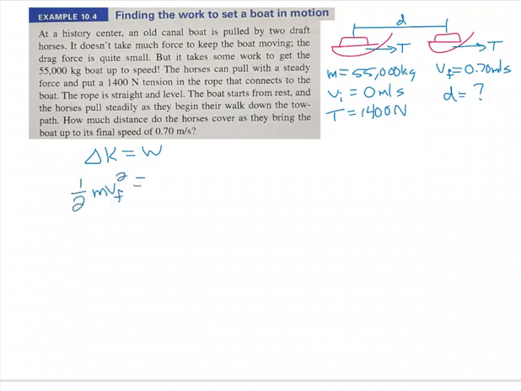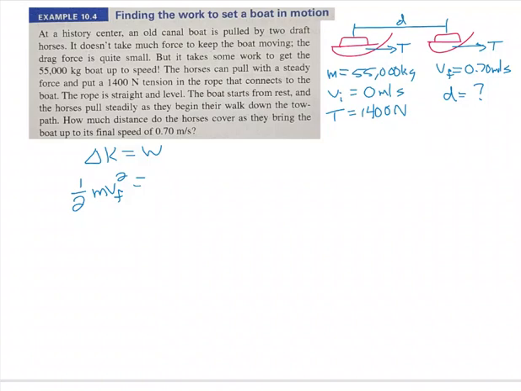Good. And what about the work? The work is equal to that. So then we can do work is force times distance. The force in this case is 1,400, but it's what letter?